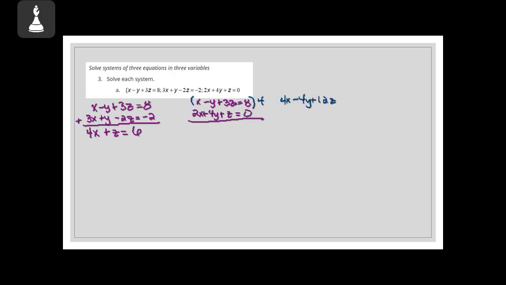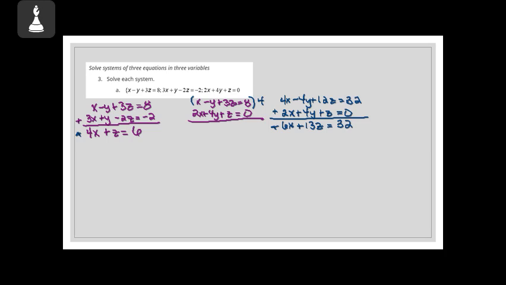And the bottom equation is still 2x plus 4y plus z equals 0. And I can add these up now. So 6x, the y's are gone, plus 13z equals 32. So now I have two equations with two variables that I can then work to eliminate.